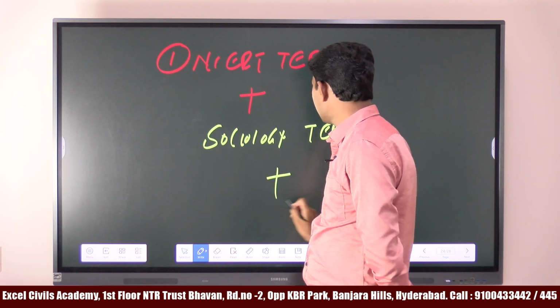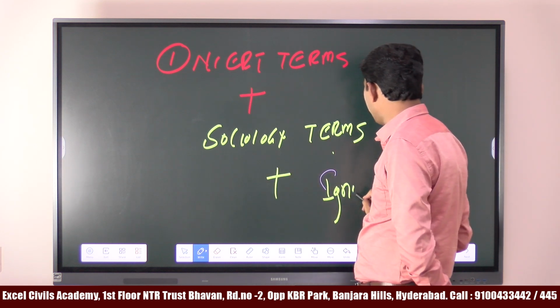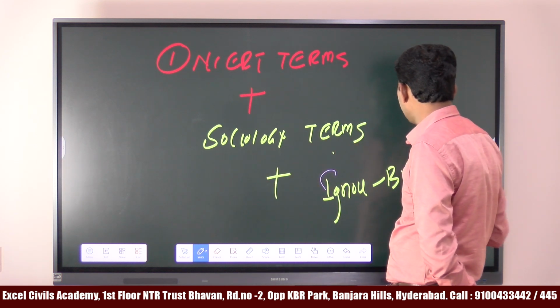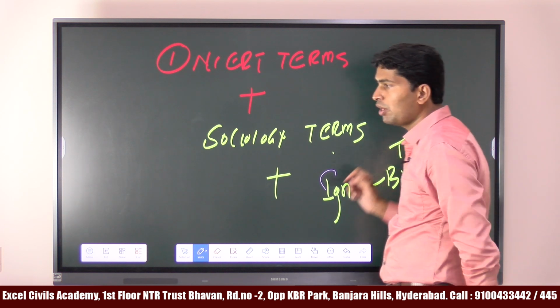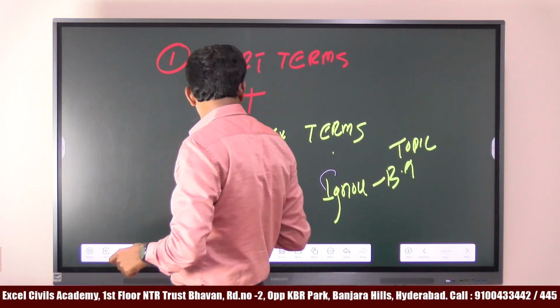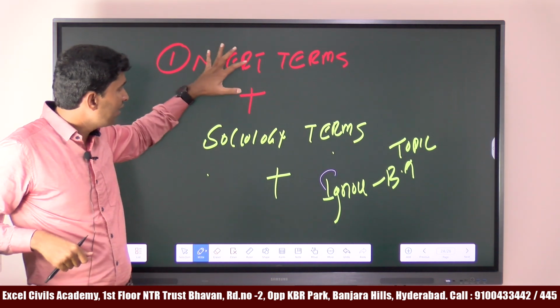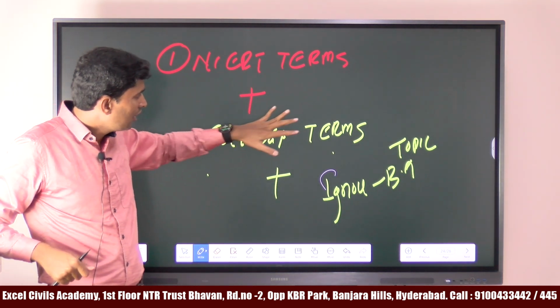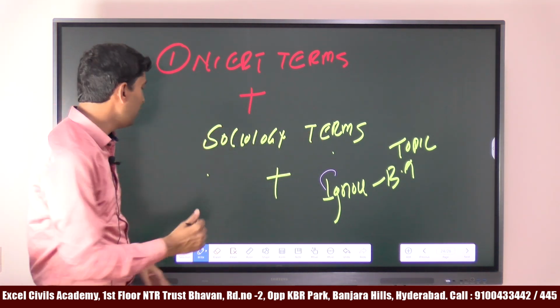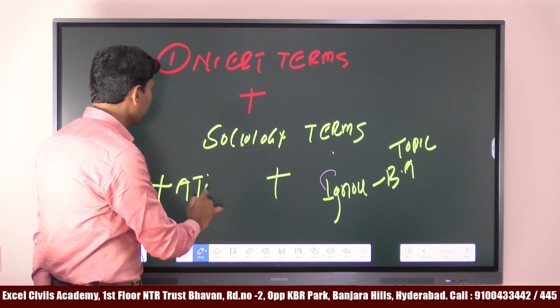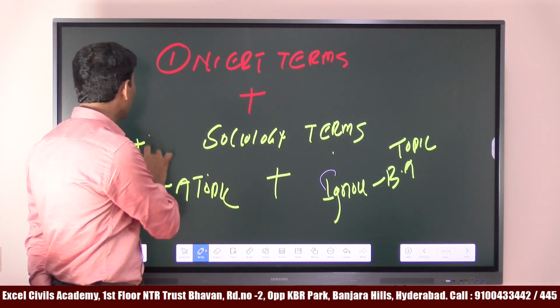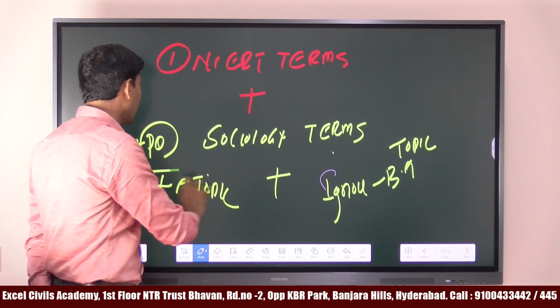After that you can give a basic reading of IGNOU BA material for the topic. Suppose you are doing the family and kinship topic, then in family kinship, IGNOU BA material. Once we are done with NCERT sociology terms and IGNOU BA material, we will cover the actual topic and solve the previous questions and dimensions related to it.